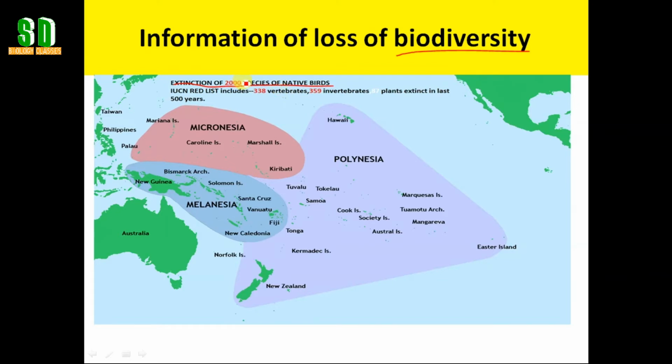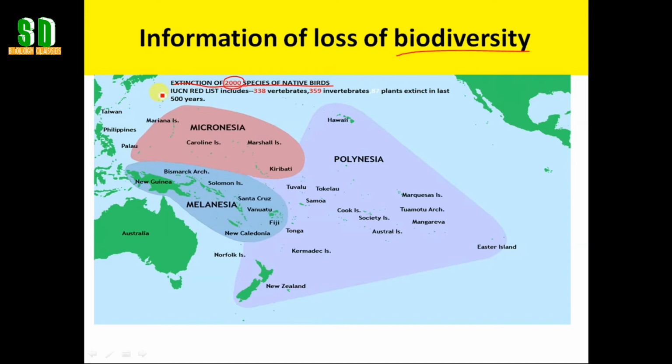So remember this number, students. It is asked in competitive exams like NEET: what is the number of species that got extinct due to human activities in the tropical Pacific Islands? Almost 2000 or more than 2000 species of native birds got extinct due to human activities there.